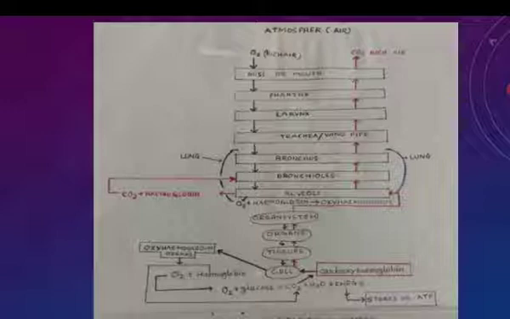Along with the blood, this oxyhemoglobin reaches the organ system. Student, you know that we have many organ systems. In each organ system, the oxyhemoglobin reaches. From the organ system, this oxyhemoglobin goes to the organs.